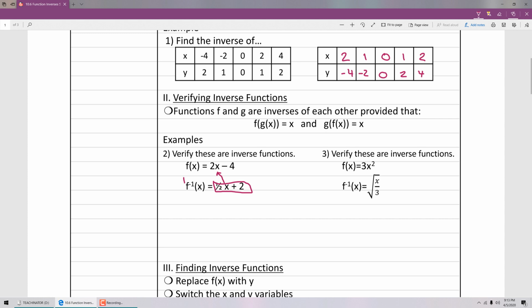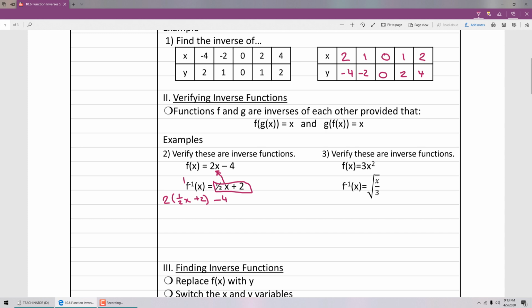I'm still going to have a 2, but instead of an x, I'm going to put 1/2 x plus 2. The -4 stays on the outside because we're just replacing x, but the remainder of the problem stays the same. We're going to distribute our 2 to 1/2 and 2 to 2.